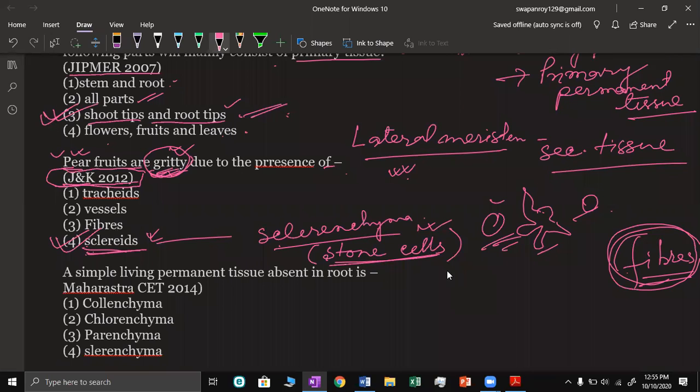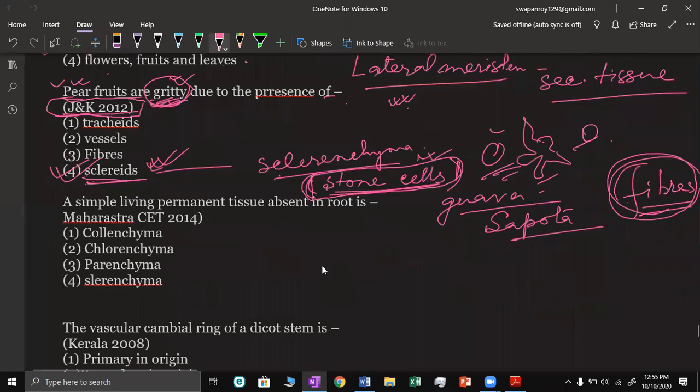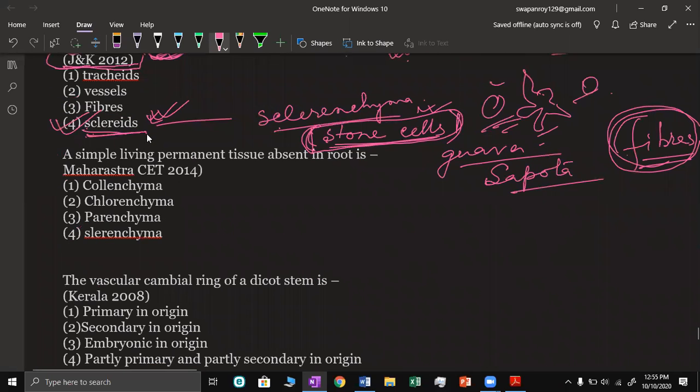This is also found in the pulp of guava, sapota, and some other fruits. Sclereids are lignified cells, and if we eat plenty of them, indigestion takes place, because these cells are not easily digested, so we may have a stomach problem.